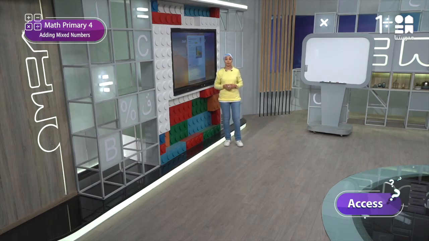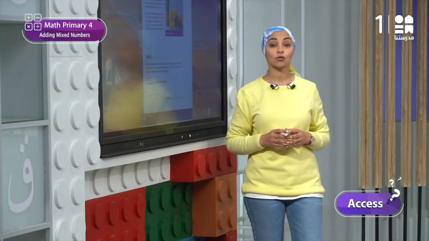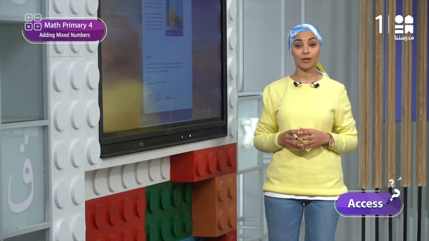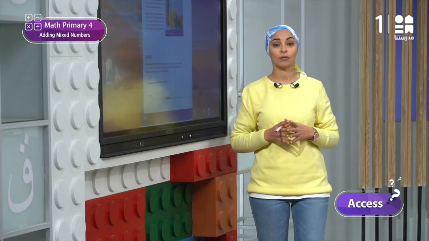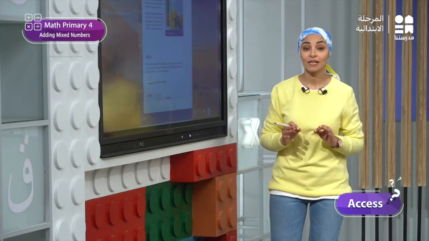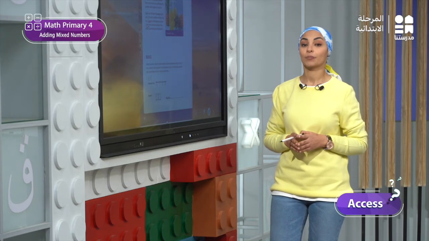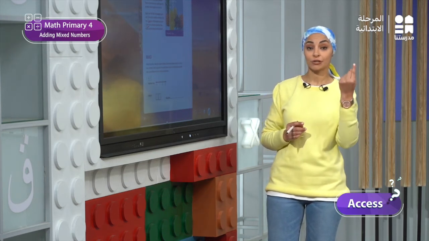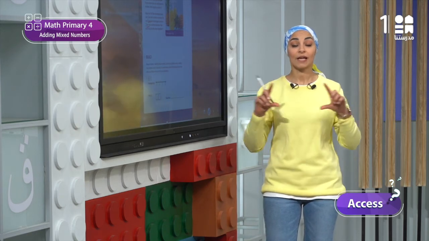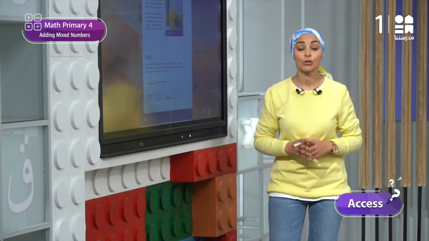And now after we have finished, as we agreed, we can use models to represent the available information, which will make it very easy for us to solve it. We can represent the amount of juice that Raja has, which is 1 full liter, by a rectangle. How is the rectangle divided? It is divided into 3 parts.